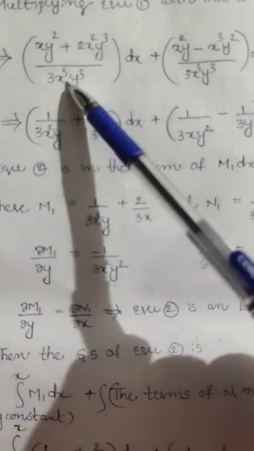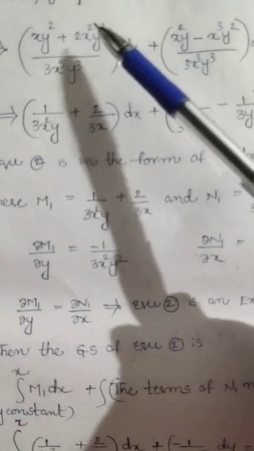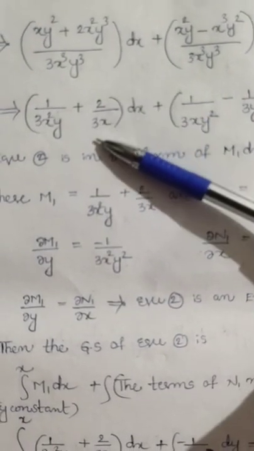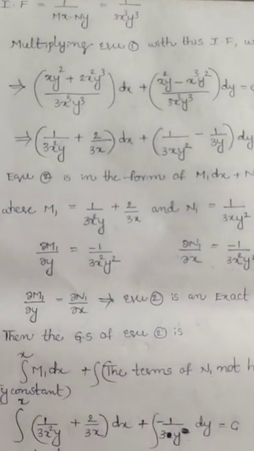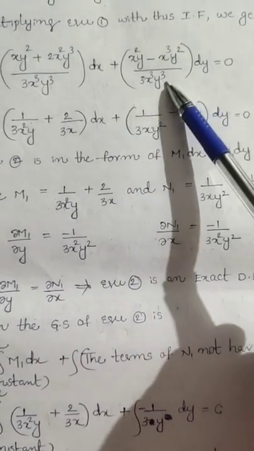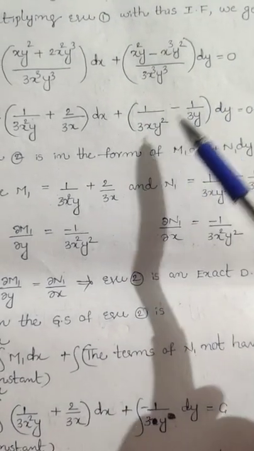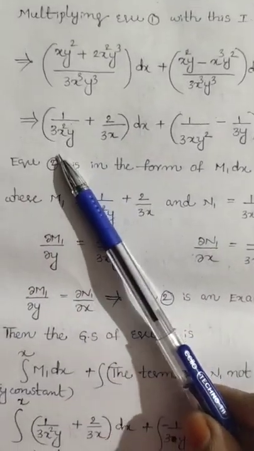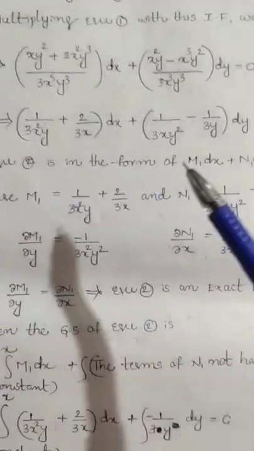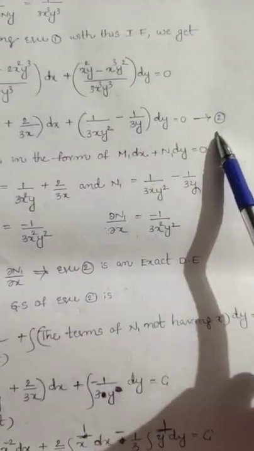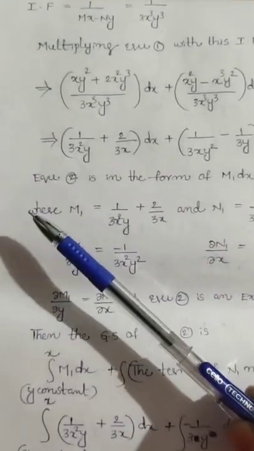So remaining 1 by 3x square y plus 2 by 3x into dx, plus 1 by 3x y square minus 1 by 3y into dy equal to 0. This is equation number 2.